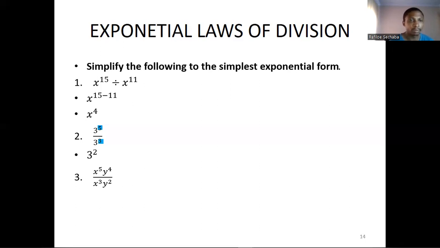Start with the x's. 5 minus 3 will give you 2. So I'll still have a base of x, but I will take 5 minus 3, which will give me x to the exponent of 2, times y to the exponent of 2. All right.